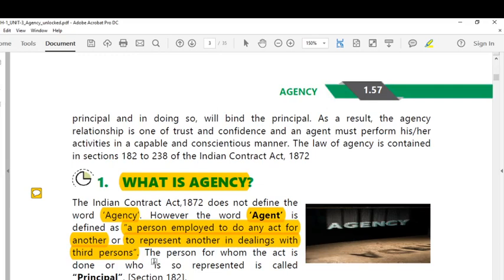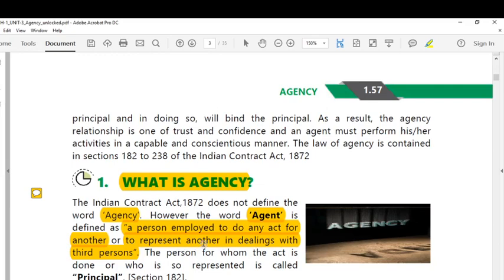You know what an agent will do. The agent is a person who is employed by the principal to do one or the other act on behalf of the principal, right? Or to represent another, here another means the principal, in dealing with third persons.